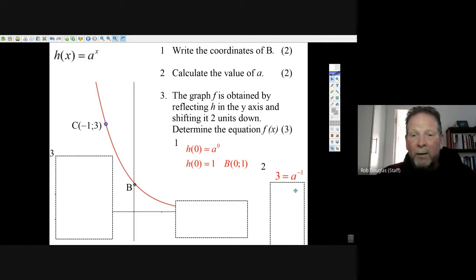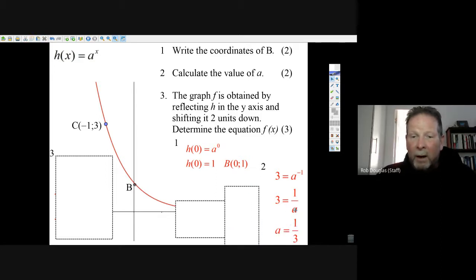Well, a to the minus 1 is 1 over a. And then you can let them trade places here. You can multiply by a, both sides, and divide by 3, and a equals 1 over 3. Whenever you see a number equaling a fraction, the denominator and this number can trade places. That's just sort of a nice trick.